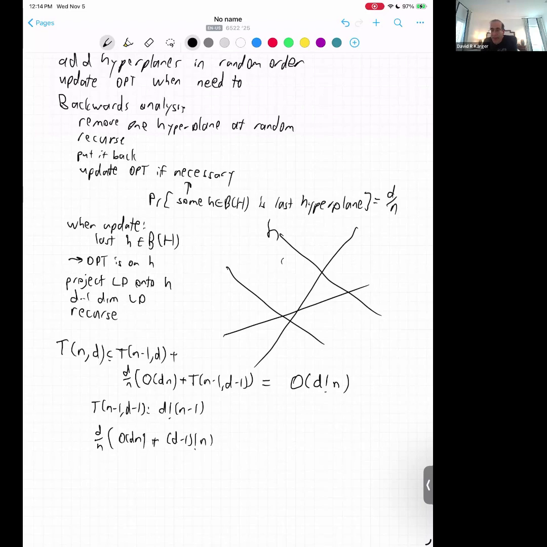But what's lovely is we have an n in the denominator canceling out the n's on the inside. So this is d times d plus d minus 1 factorial. And this is negligible and gets swallowed up in the constant of the O, and that's why it's a d factorial n running time. Any questions about that?